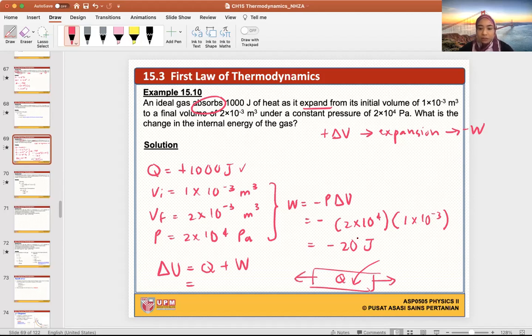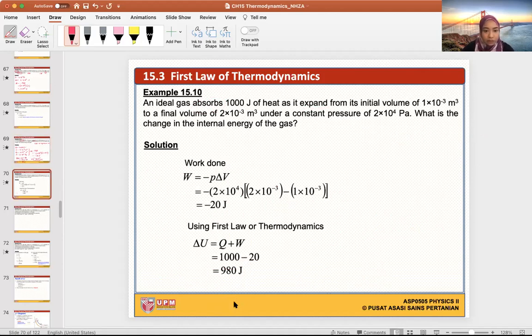This is not a syringe, but the volume is expanding as it absorbs the Q. Okay, so 1000 minus 20. Hopefully this is right. 2 times 10 to the 4 times 1 times 10 to the minus 3. Right, good. So this is 980 joules of change in internal energy.